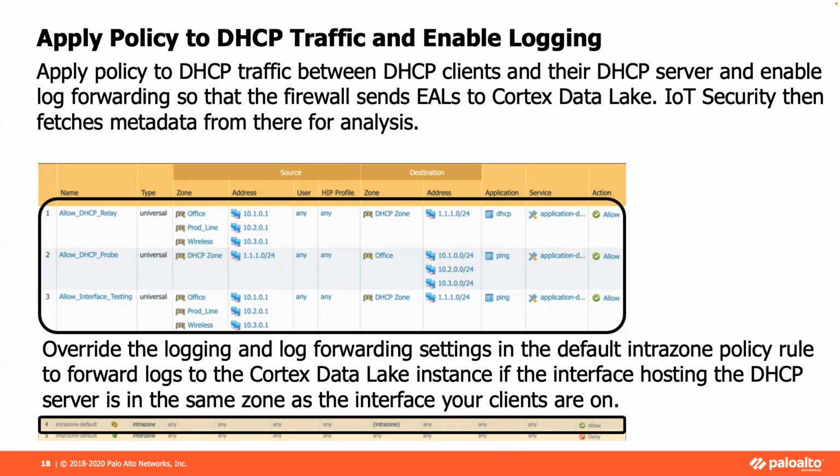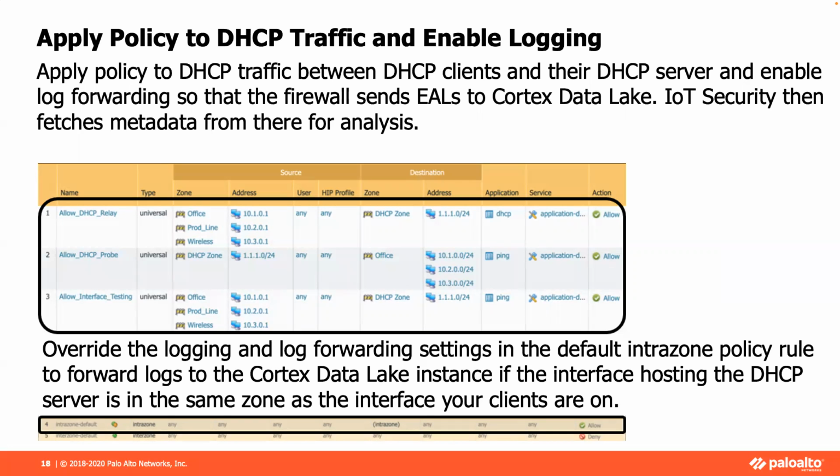If you don't have a security policy rule that matches specific traffic, one of two things is going to happen. Either it's going to hit the default interzone rule that says block it and it won't work, or it's going to hit the automatically created intrazone rule.